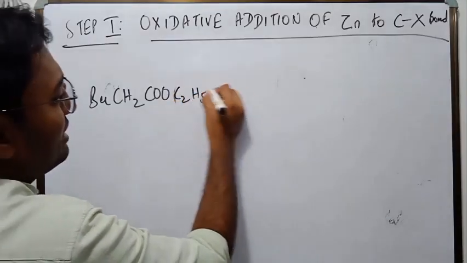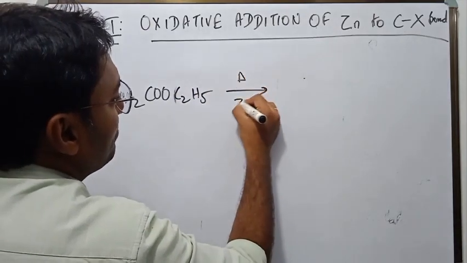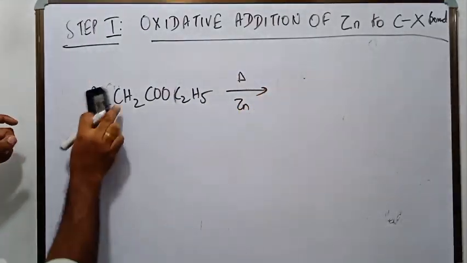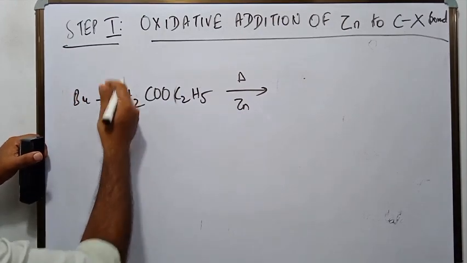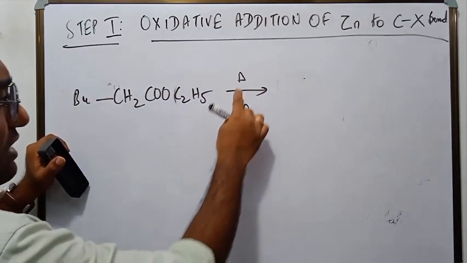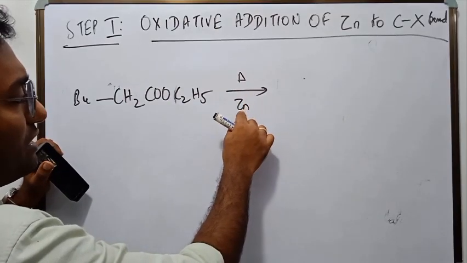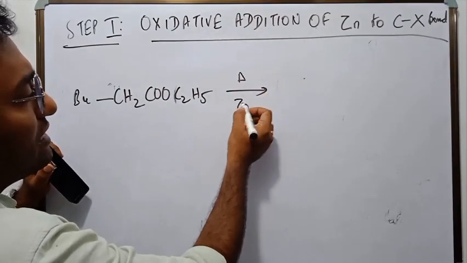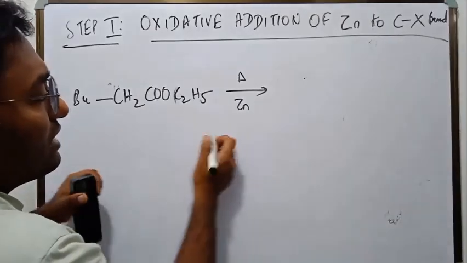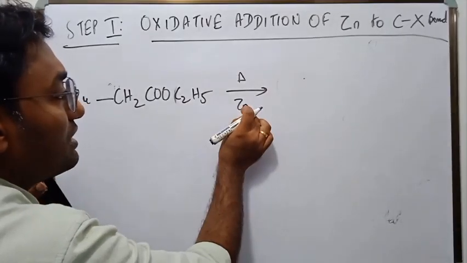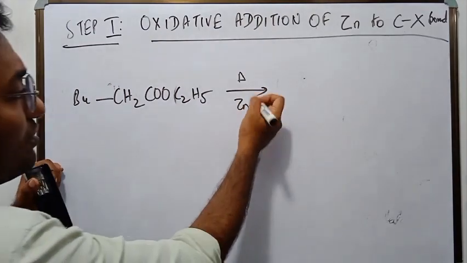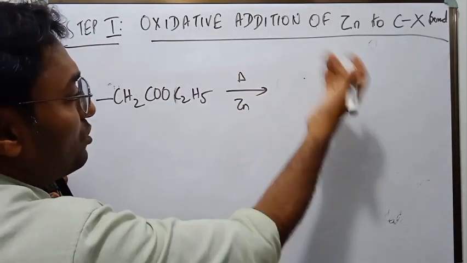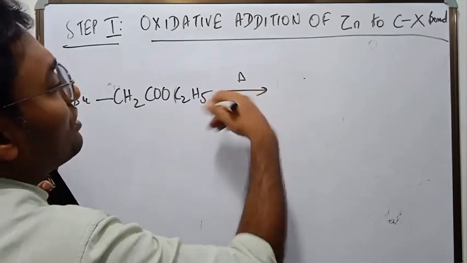When I am heating it, two things are happening at the same time. One, the bromine and carbon bond is getting dissociated. Second, the heat causes the electron of zinc to go into a higher state, so it is available for donation.